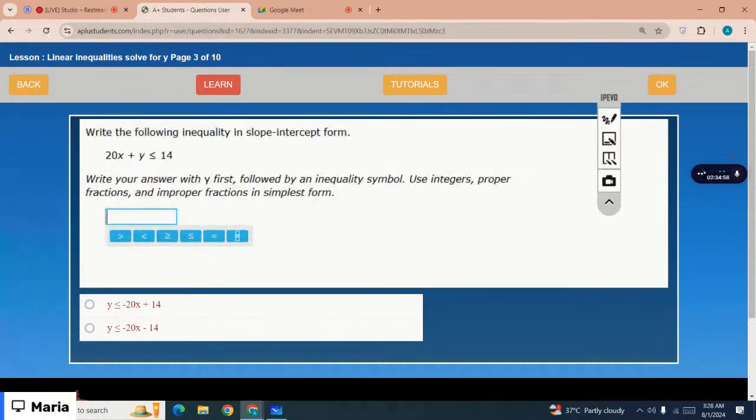Write the following inequality in slope-intercept form. So which is the correct option? 20x plus y is less than or equal to 14. So which is the correct option?